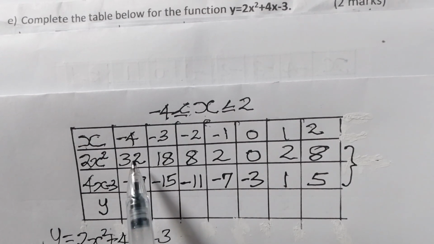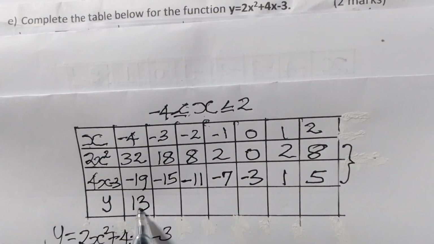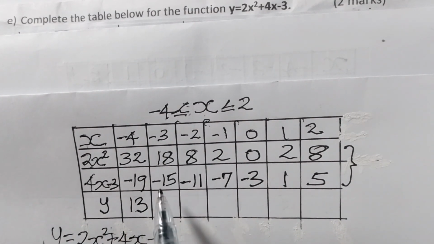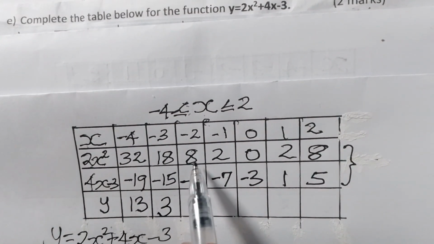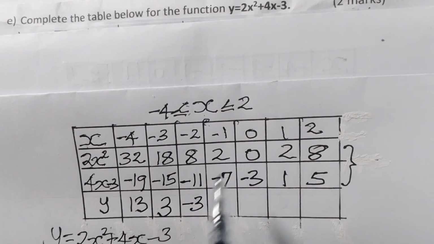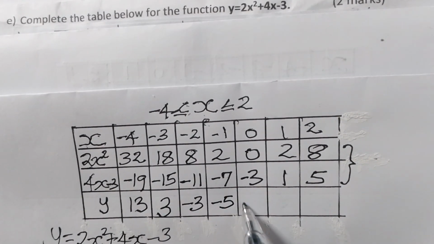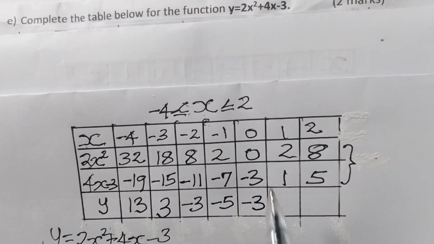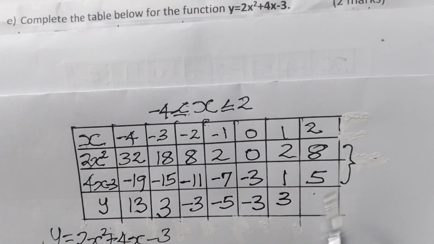So we just add. So positive followed by negative, 32 minus 19. This gives you 13. And then 18 minus 15, positive 3. 8 minus 11, negative 3. 2 minus 7, negative 5. 0 minus 3, negative 3. 2 plus 1, 3, and 8 plus 5, 13.